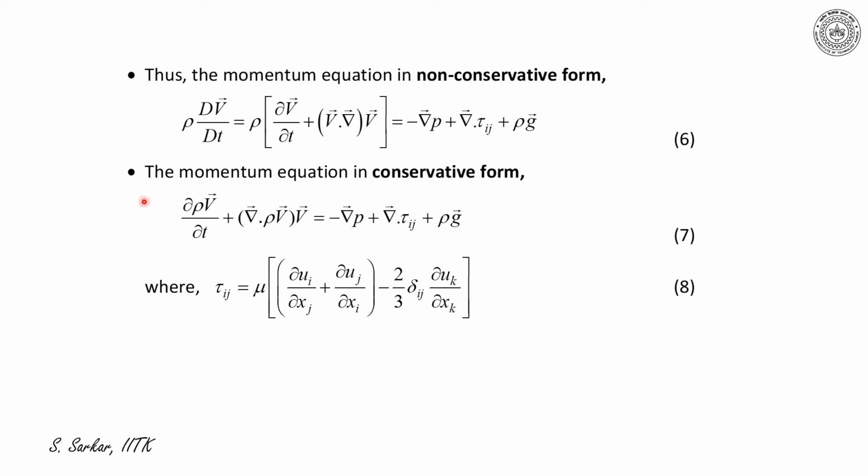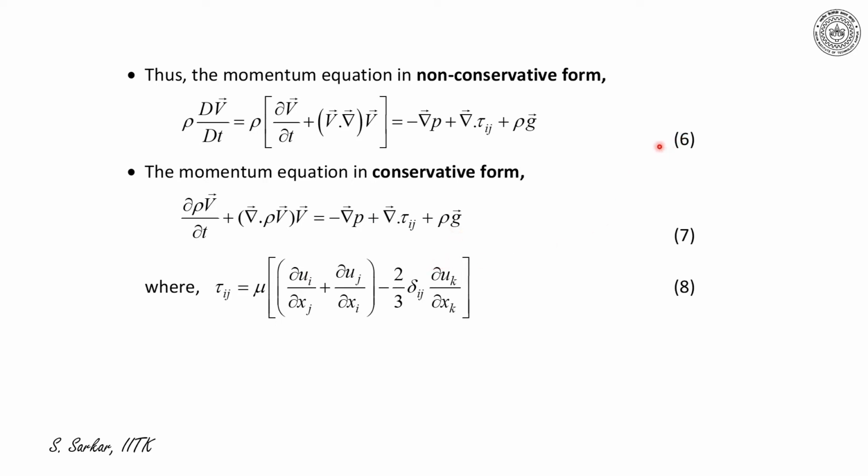Similarly, the momentum equation in the conservative form is del rho v/del t plus del dot rho v v is equal to minus del p plus del dot tau ij plus rho g.